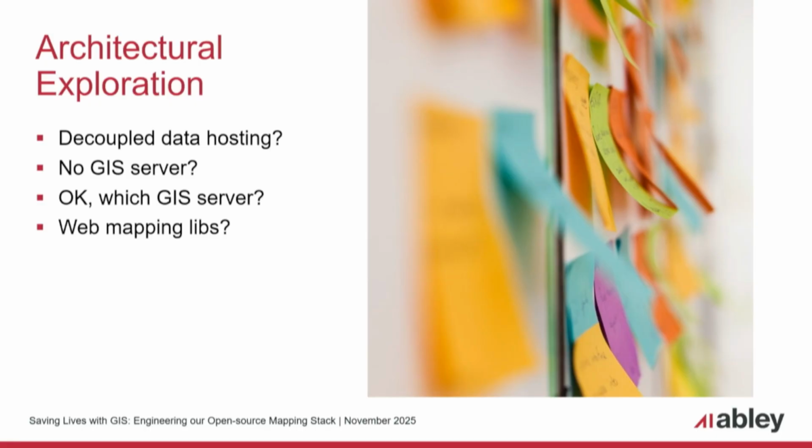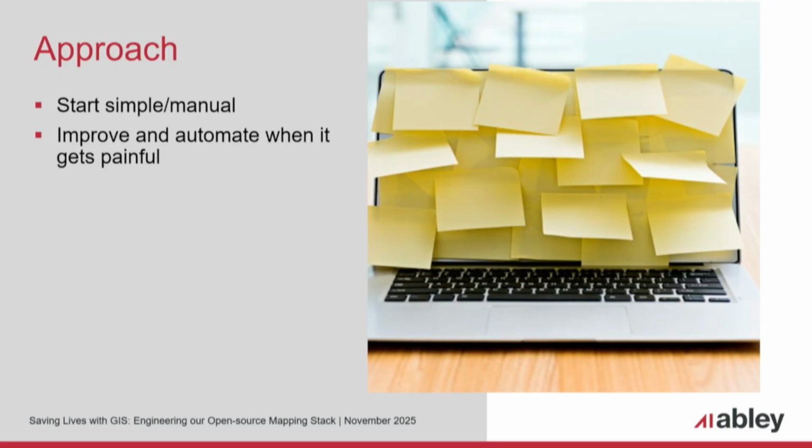We looked at a few things for having no GIS server, but we wanted to keep it simple in the first stages and build out the complexity later on. You might have seen my colleague Luke talk about different web mapping libraries that we investigated before, and we ended up picking MapLibre. Our approach across the architecture was to start really simple, even if that's manual, and then improve things and automate when it gets painful.